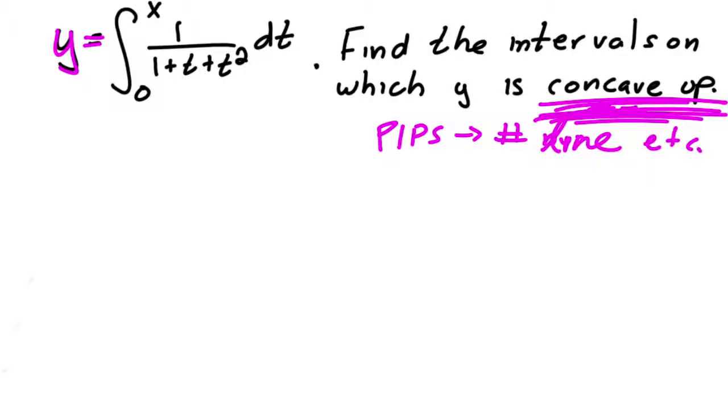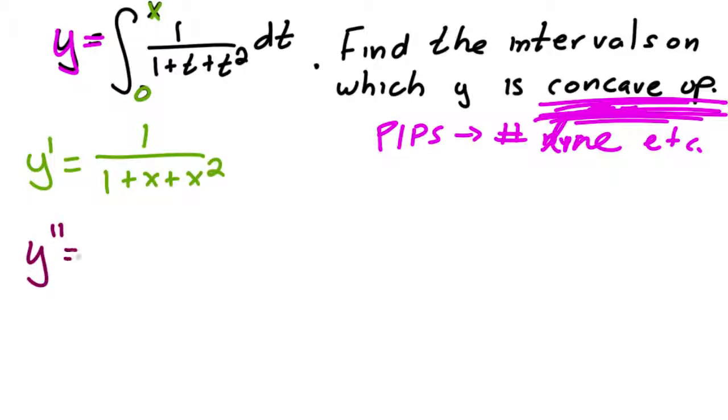So the first thing we do is we have to find the second derivative. To find the second derivative, I have to find the first derivative. So the first derivative of this function, I just use the fundamental theorem of calculus part 2, which just says, I'm going from a constant to x, just plug it in. So this is just 1 over 1 plus x squared. Then the second derivative is just the derivative of this one, which means I need to use the quotient rule.